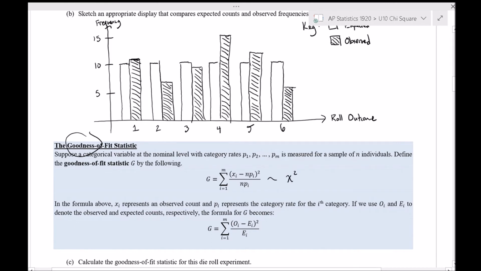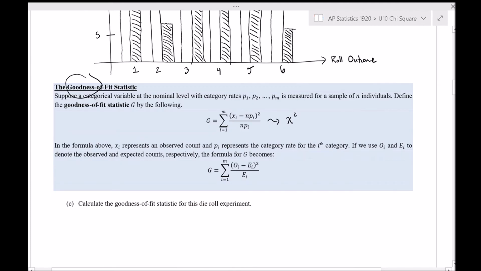Chi-square is some other distribution that mathematicians and statisticians have already established and studied very, very rigorously. So we're going to see that this goes towards a chi-square distribution as n gets very large. So the larger the amount of observations, the closer and closer this thing approaches a chi-square distribution.